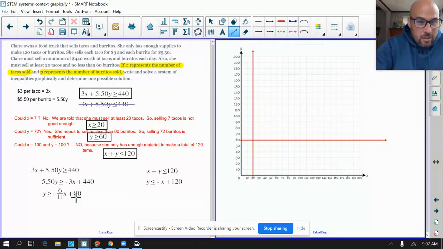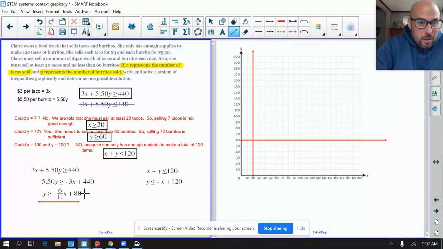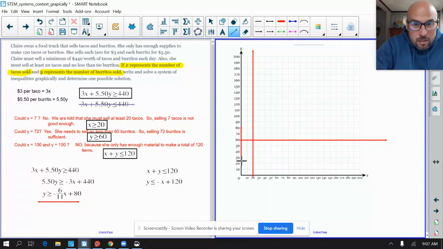First of all, the money constraint. She wants to sell at least $440 worth of stuff. And that's this equation right here. So I'm going to start at the y-intercept of 80, and my slope is negative 6/11. So I go down 6 and over 11. And that's about right there.